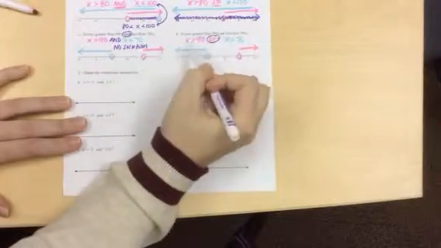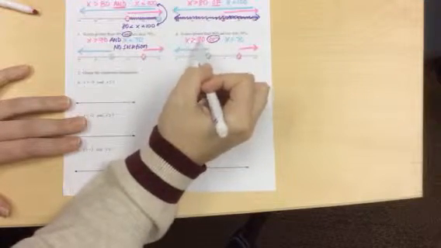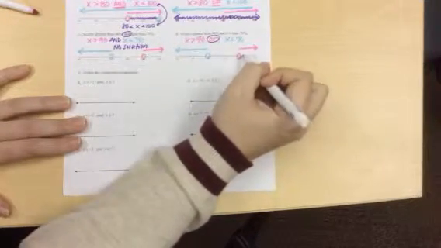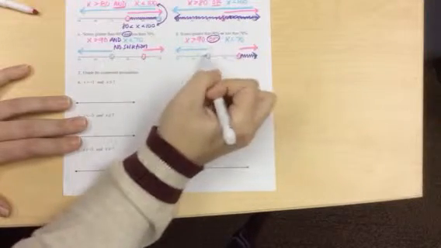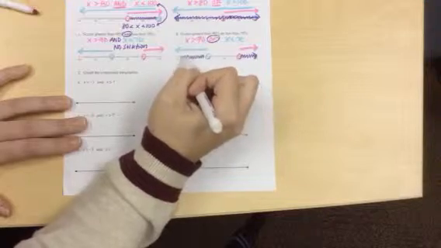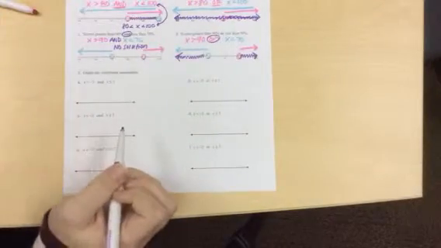Now this or means either one of these or both can be satisfied. So x is greater than 90 is satisfied here, and then x is less than 70 is satisfied there. So that would be my final answer.